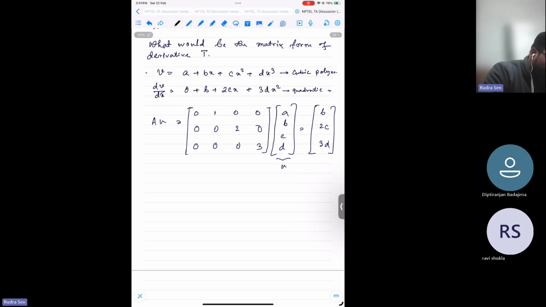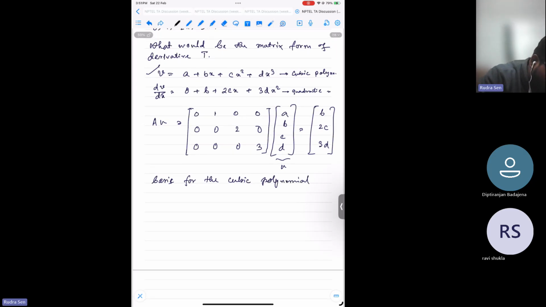So that means when I'm talking about cubic polynomial here, what are the basis for the cubic polynomial? The basis are 1, x, x square and x cube.